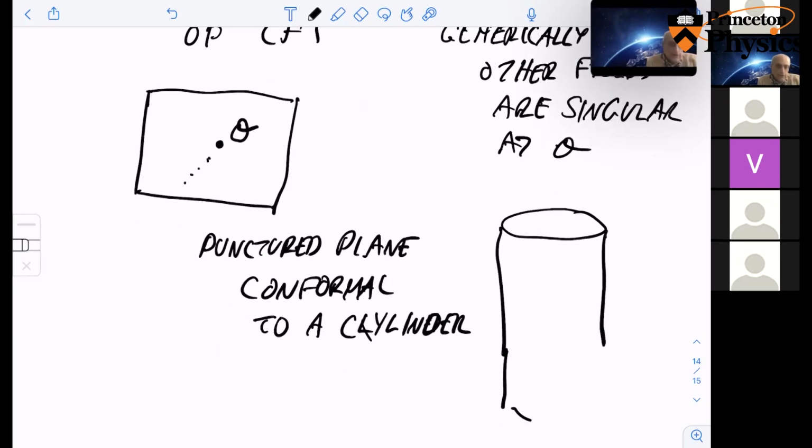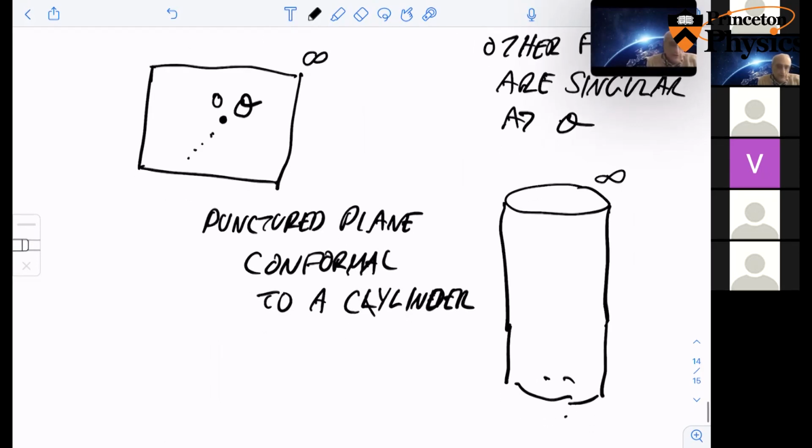So by an elementary conformal mapping, there's a conformal mapping where 0, the position of the operator, goes to minus infinity. And infinity on the plane goes to infinity on the cylinder. So the operator lives at time minus infinity. Let's say there's Euclidean time running up. The time that runs up corresponds to the logarithm of the distance in the other picture.